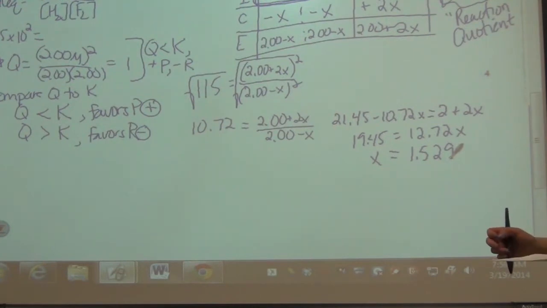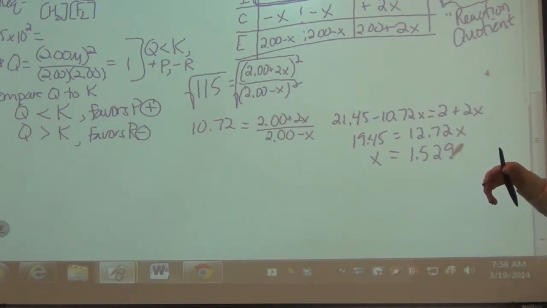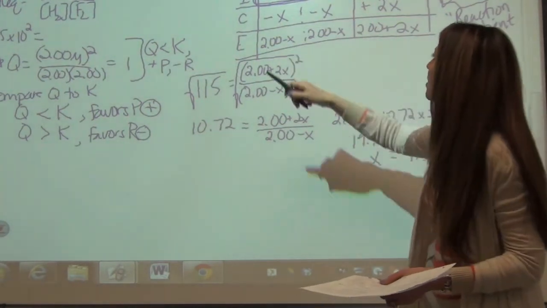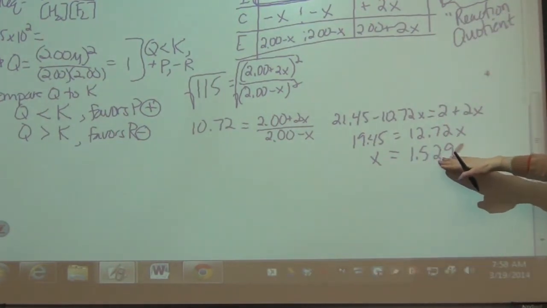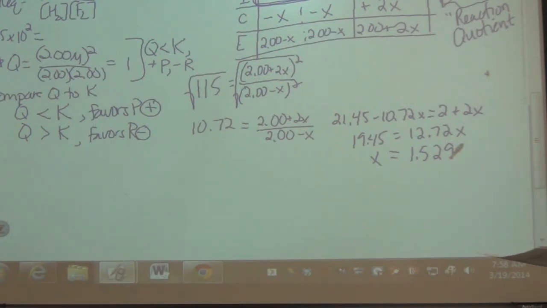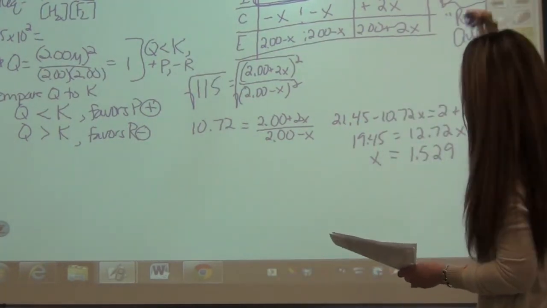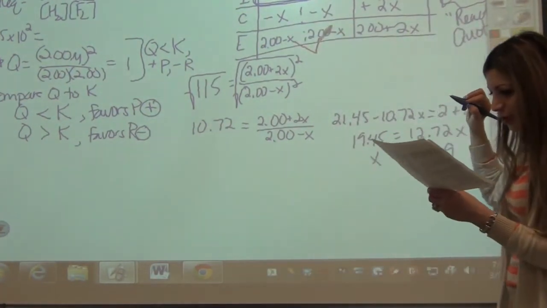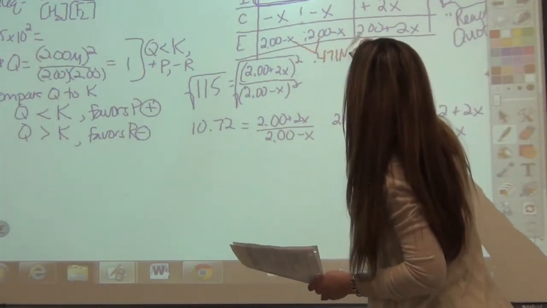1.529. Now that's not done because I wanted my equilibrium concentrations. So what do I do now? Plug in those values. So what does 2 minus x become? If your answer is bigger and you get a negative, you definitely did something wrong. I'm going to do these in a different color so that you can see. If I subtract these, both of these will end up equaling 0.471 molar.